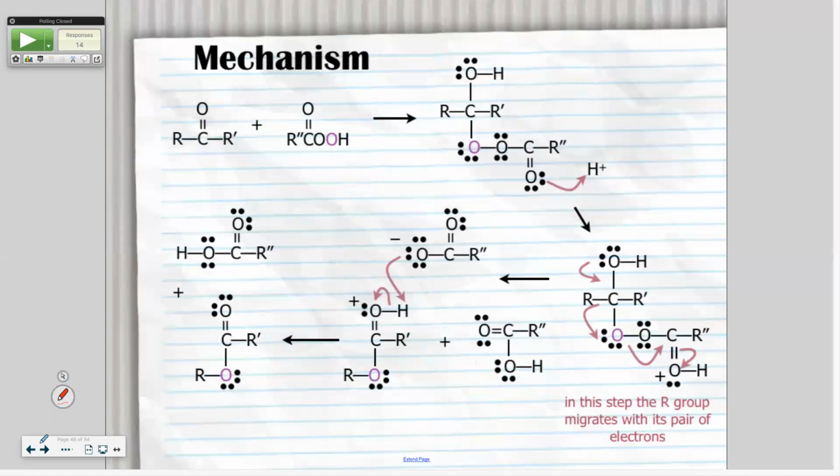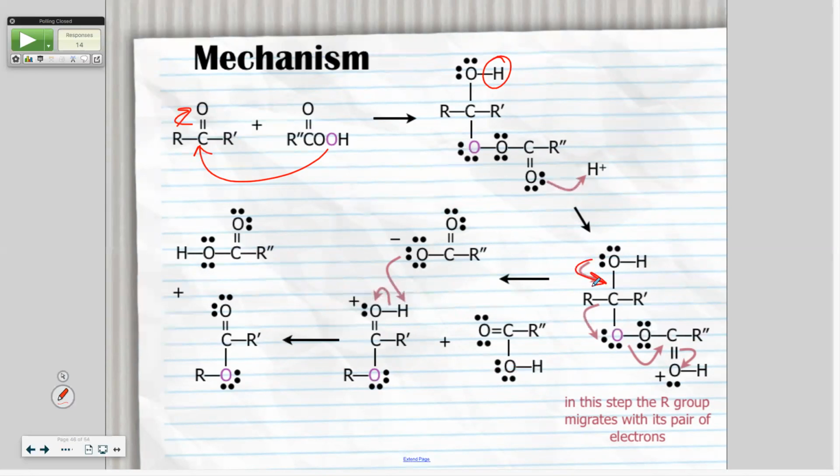All right, so here's the mechanism. I knew I had it somewhere. The first thing we did was this went to here and out to the O, and then we did a little proton transfer. You can do that in one step, two steps. I'm not super concerned about it. This is the big step right here.